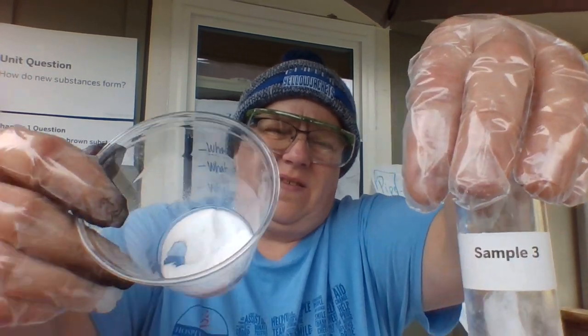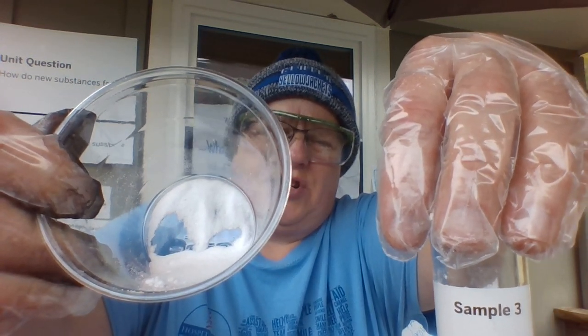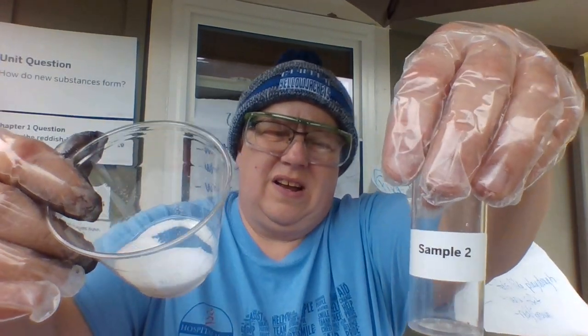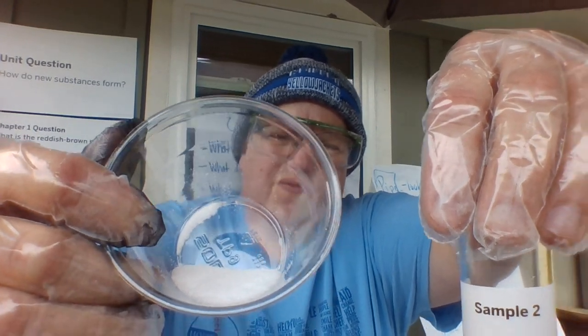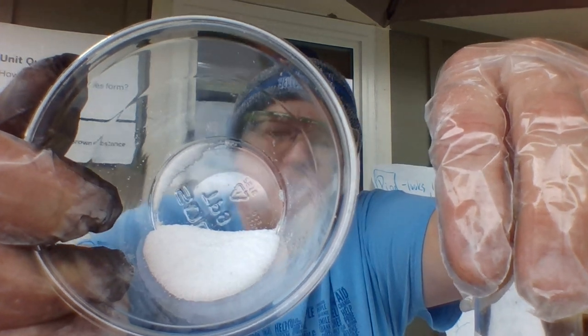So right here, sample 3. You can kind of see how it's a little more chunkier than that other one was. This right here was sample 2. So there's no chunks in this one, but they do look similar to each other.